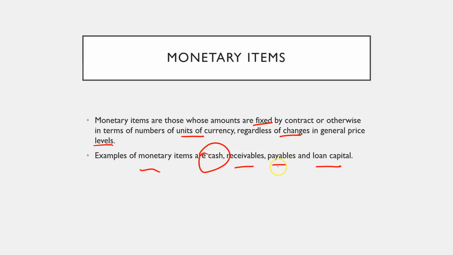That's the problem with these monetary assets: they're the ones that will suffer. If you have £1,000 in the bank, you could buy, for example, a machine that costs £1,000 at the beginning of the year.